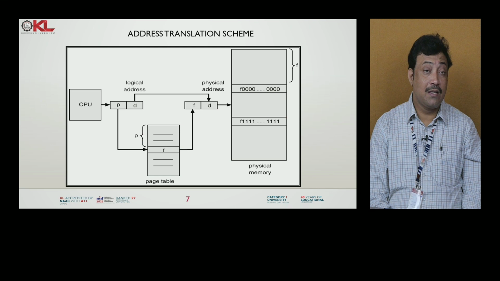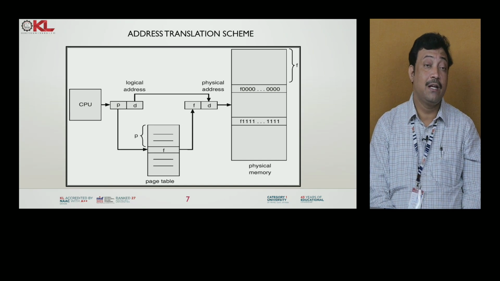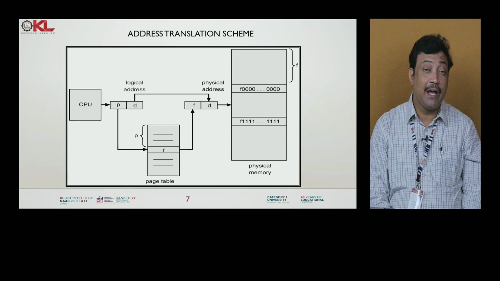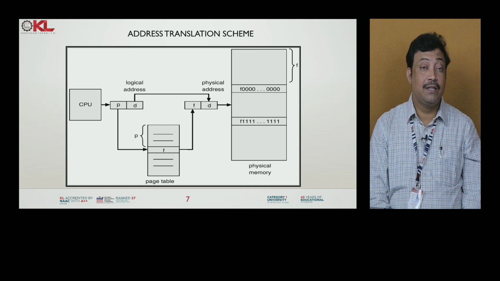In the logical address space, the OS supplies the page number, which can be picked from the page table, and the displacement is also supplied by the OS, so that P plus D now becomes F and D. When the user program is in secondary memory, it is referred to as a page with a page number.